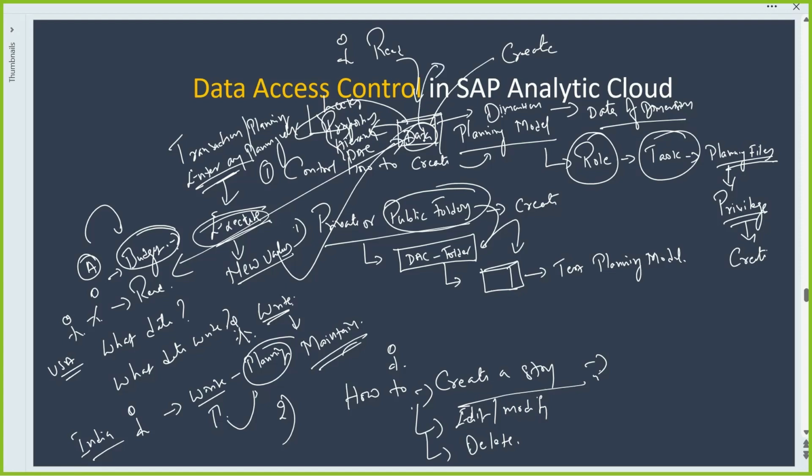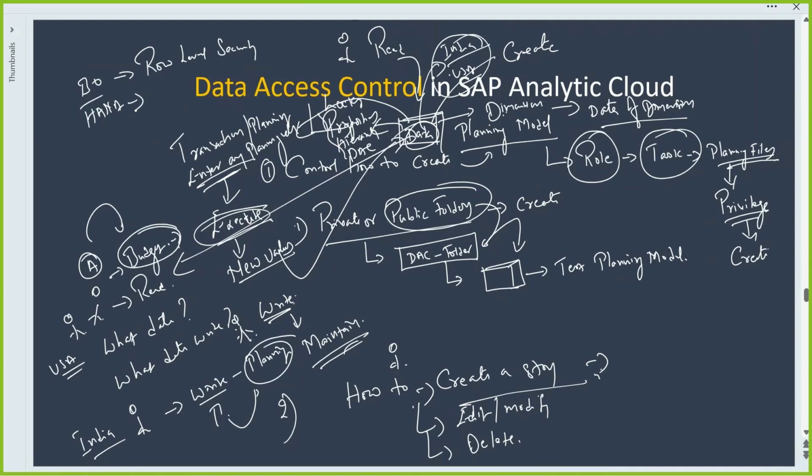The data in this model has both India and US related transactions, but based on his profile, you should be able to access only that particular data. In business objects, we call this row level security. In HANA, this is done by analytic privilege.